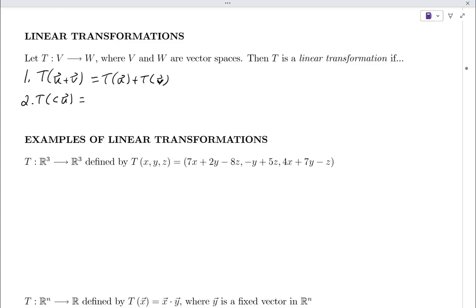Break it out, yeah. So those are the two nice properties that you would like most functions to have, right? You'd love it if a function distributed over a sum. You'd love it if I have a constant on the inside of the function, you could pull it out on the outside of the function. And that's exactly what a linear transformation does.